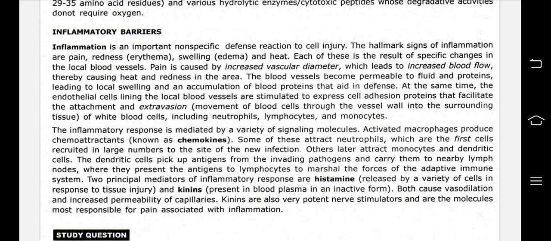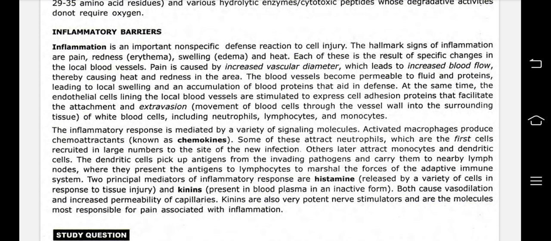The blood vessels become permeable to fluid and proteins, leading to local swelling and an accumulation of blood proteins that aid in defense. At the same time, the endothelial cells lining the local blood vessels are stimulated to express cell adhesion proteins that facilitate the attachment and extravasation movement of blood cells through the vessel wall into the surrounding tissue of white blood cells, including neutrophils, lymphocytes, and monocytes.